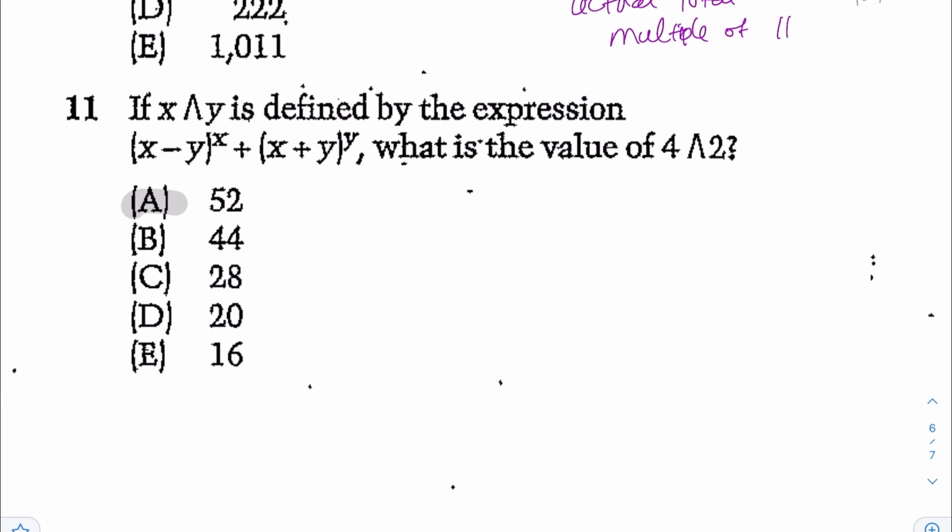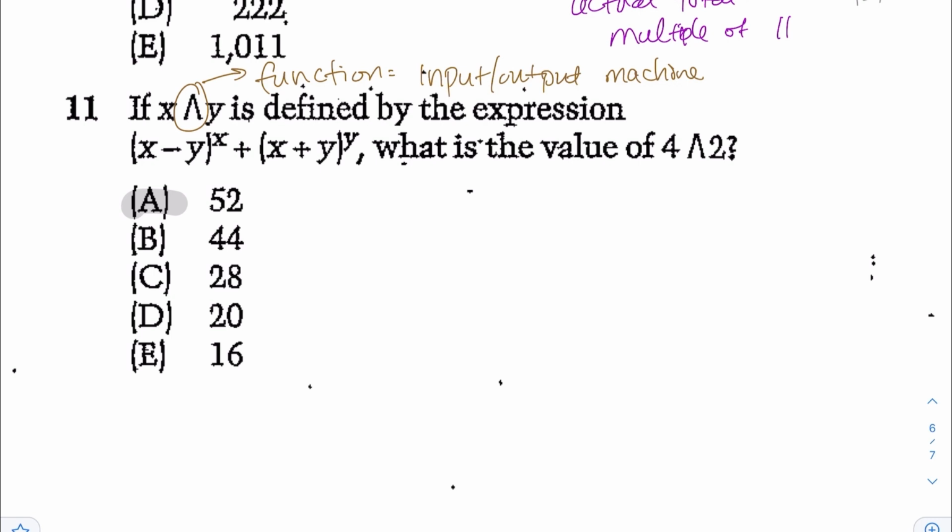All right, next for number 11, if x symbol y is defined by the expression (x minus y) to the x power plus (x plus y) to the y power, what's the value of 4 symbol 2? So this little symbol here, for this question, is your function, and a function is just an input-output machine. So what that means is you just gotta follow the rules here.